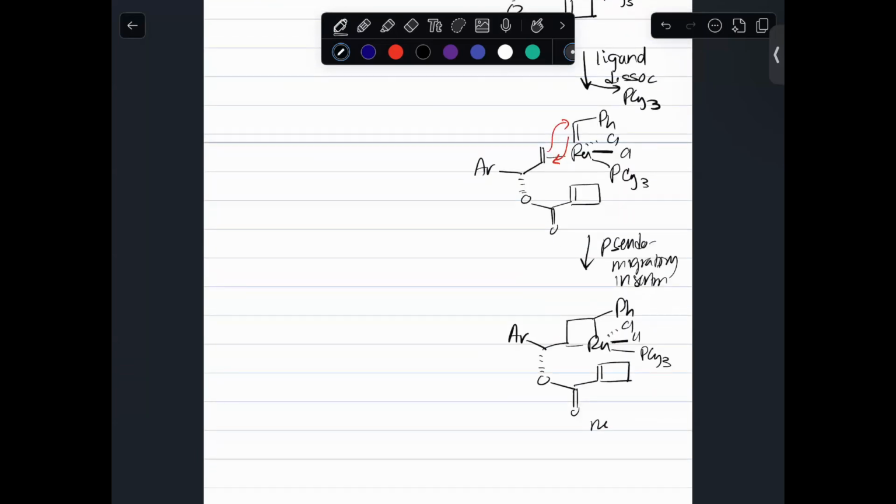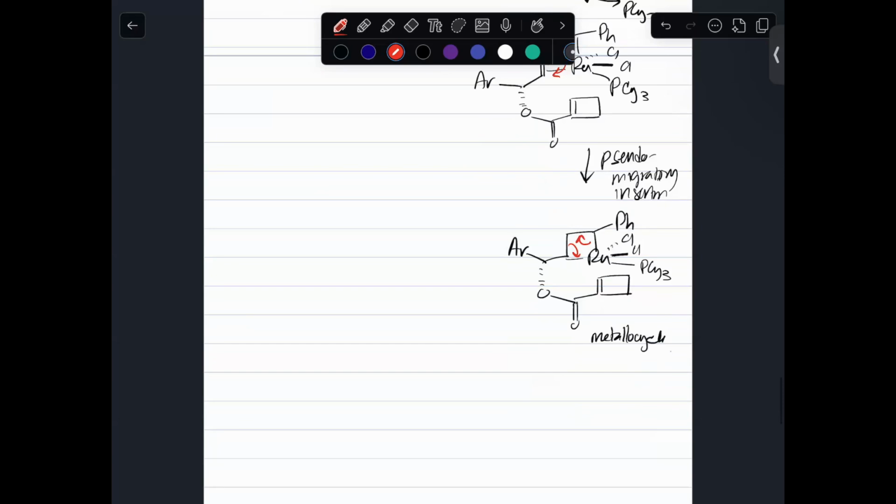I've got my metallocycle. It now collapses so that the ruthenium is part of the chain, and I form, as always, styrene.